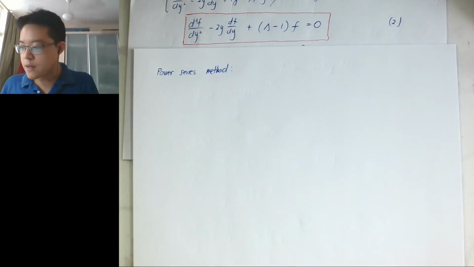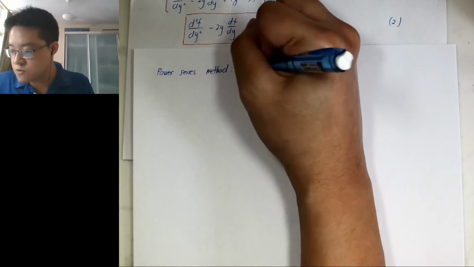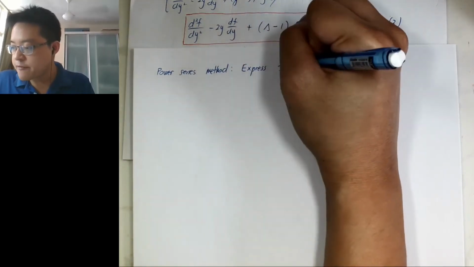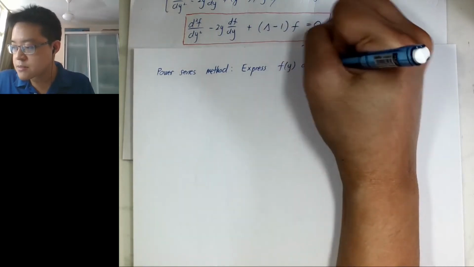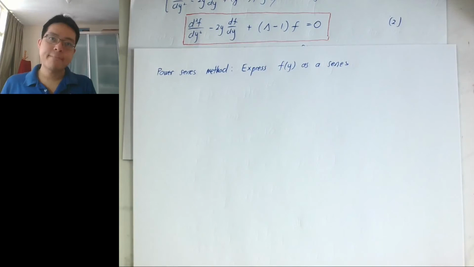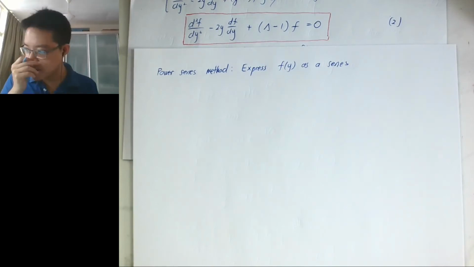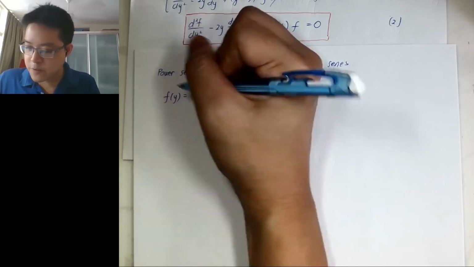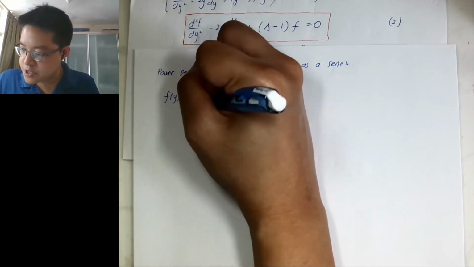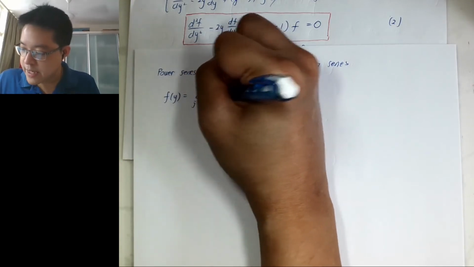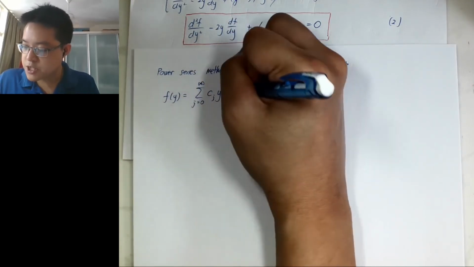The power series method is just to express f as a power series. That means f is a summation from 0 to infinity of some coefficient c_j times y to the power j.